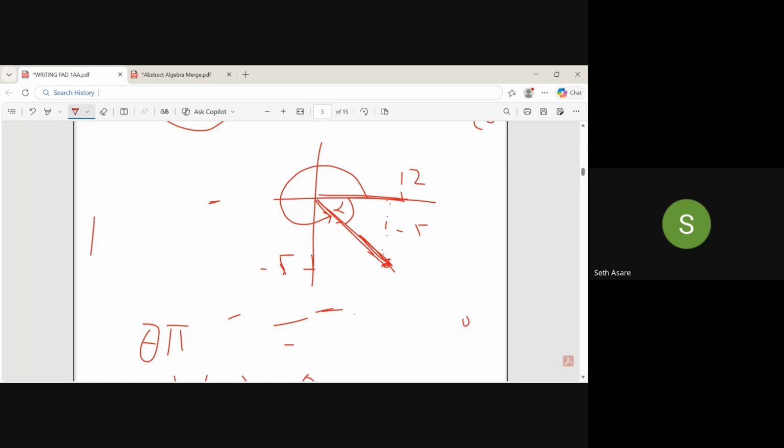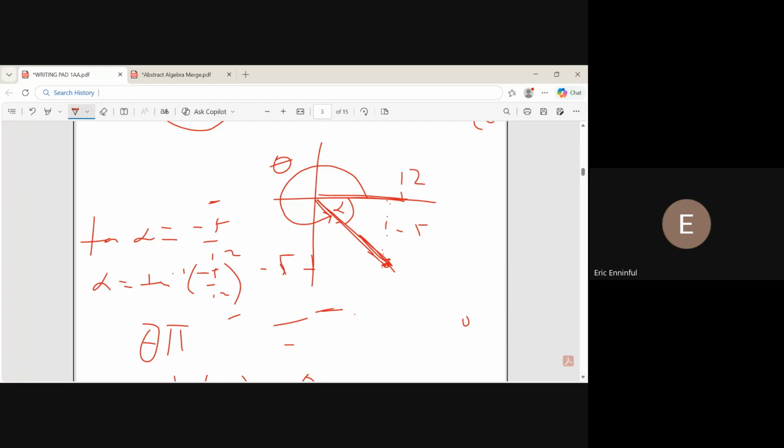Now, what is tan alpha? Negative 5 over 12. Minus 5 over 12. So if I need this one, alpha, it will be the tan inverse of minus 5 over 12. It is theta that I need. It is not alpha that I need. Are you okay?